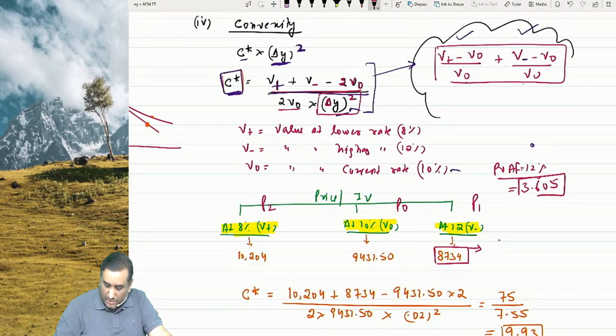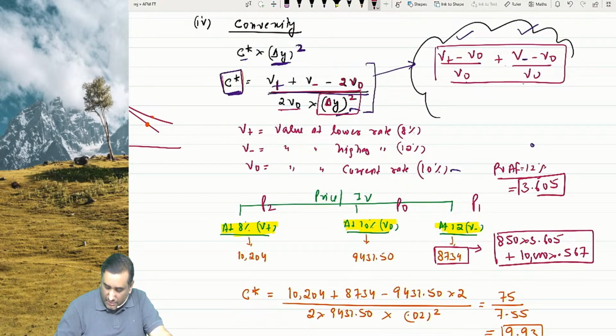What was the interest? 850 into 3.605 plus 10,000 into the year 5 factor, 0.567. This should give you this value. Check once. This answer is coming where, on the tangent or the curve? The curve.